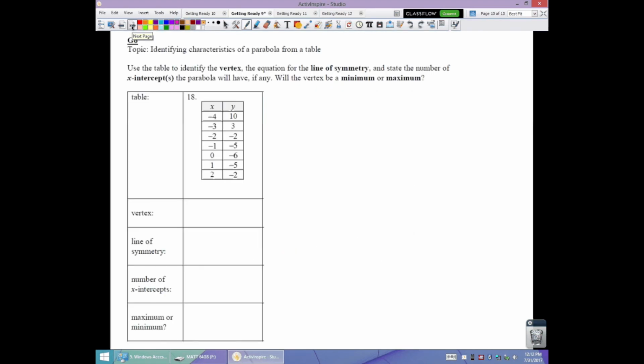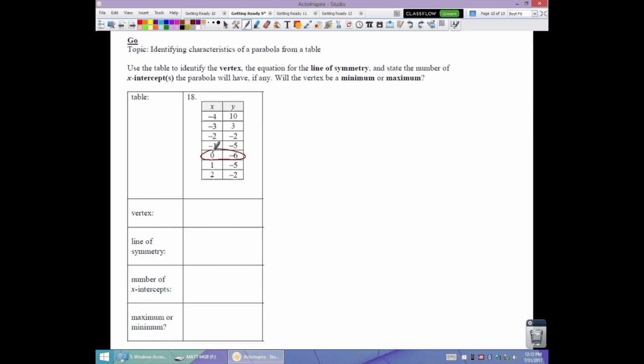And our last section here, we're going to look at a table and try to identify where the vertex is. That should lead us to the line of symmetry. We should be able to tell how many x-intercepts based on whether it's open up or open down and where it shifted. And then would that vertex be a maximum or a minimum? So in our first one, we're looking for symmetry around the vertex.